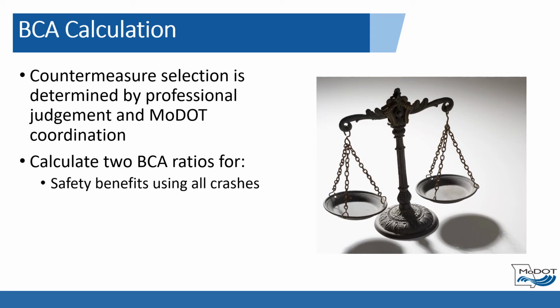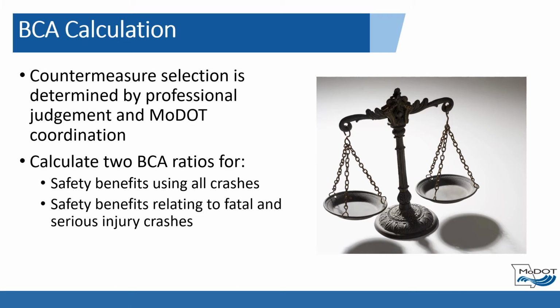One BC ratio incorporates the total safety benefits using all crashes. The other BC ratio is referred to as a priority BC that only focuses on fatal and serious injury crashes.